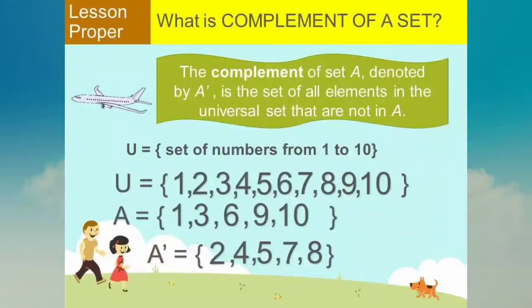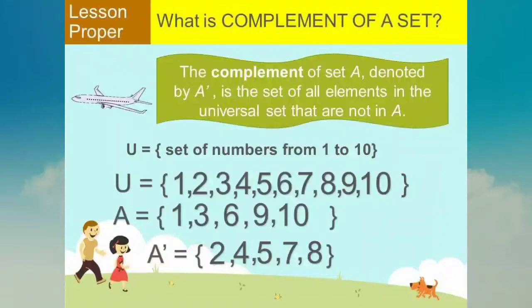Okay? So I'll speak in our language. Ang complement daw ay mga elements na makikita sa universal set pero wala sa set A. For example, we have universal set U, the set of numbers from 1 to 10.